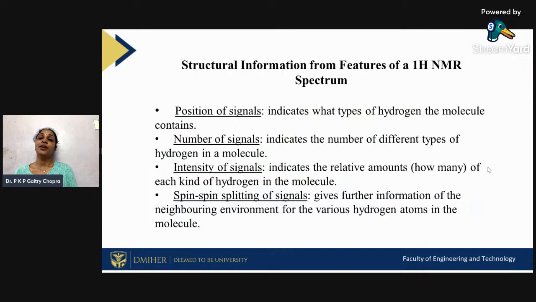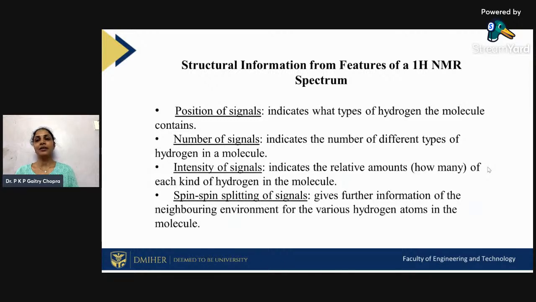All right, now what is the spectral or structural information that we get from the NMR spectrum? The very first is the position of the signal. As already said, the position of the signal will indicate the type of hydrogen in the molecule.